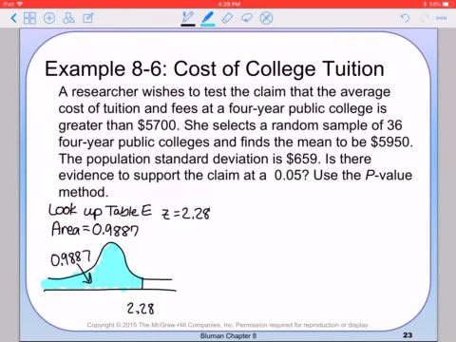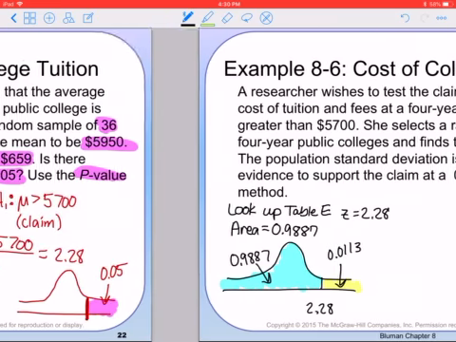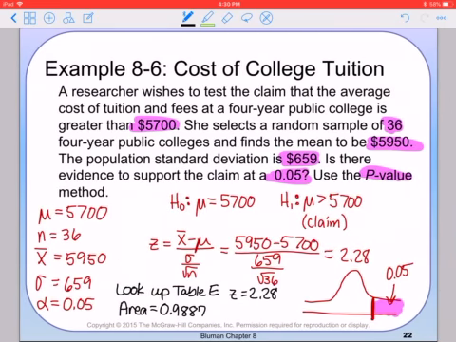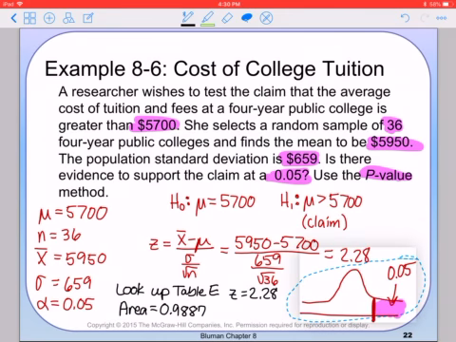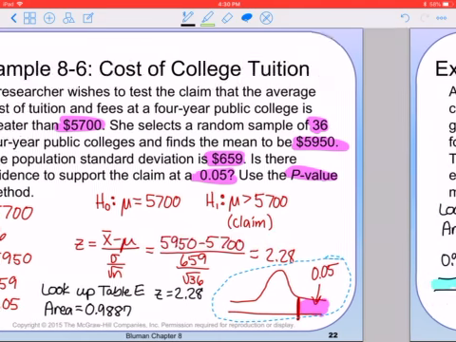That means we can figure out this yellow area. You just do 1 minus 0.9887 and we get 0.0113. So that area is 0.0113.